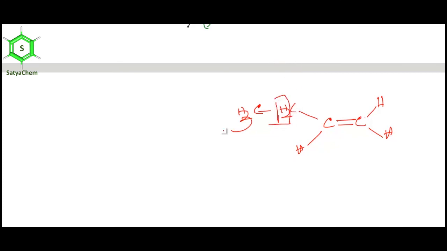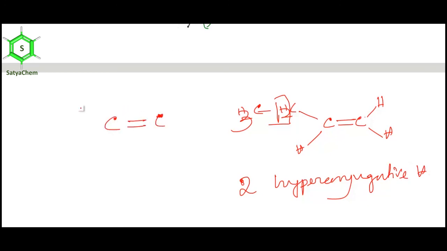Here the number of hyperconjugative hydrogens is 6.